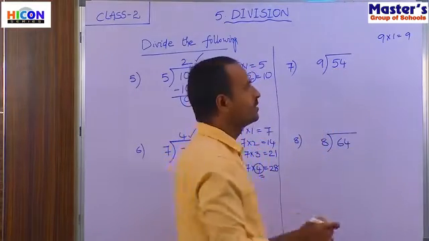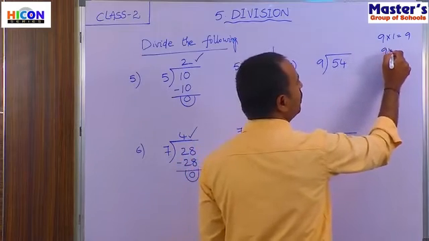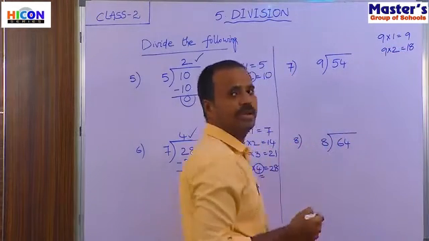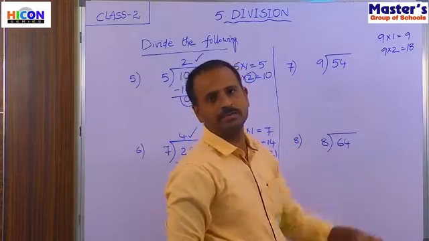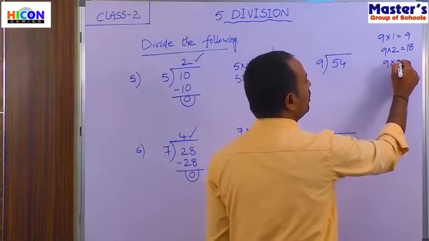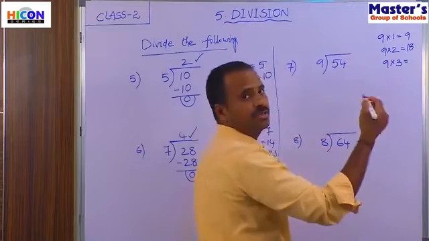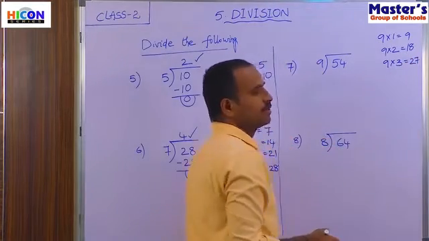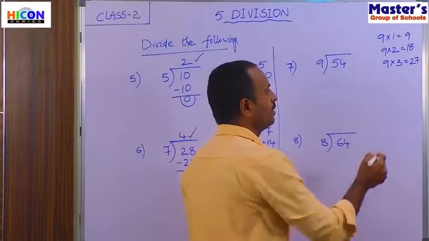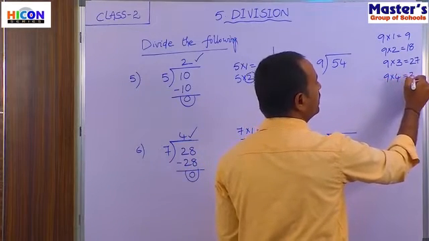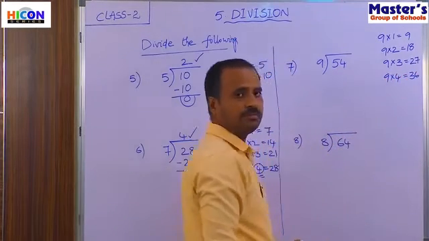Write this table until you get 54. Now take 2 times. 9 twos are 18. Now take 3 times. 9 threes are, children, how much? 27. Now take 4 times. 9 fours are 36.